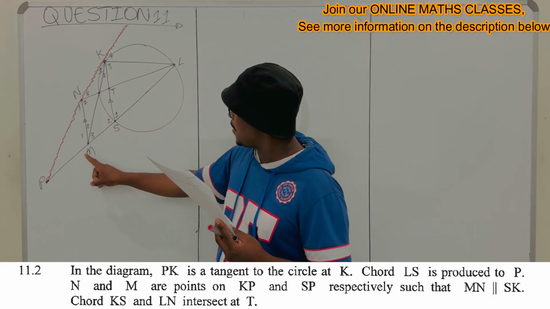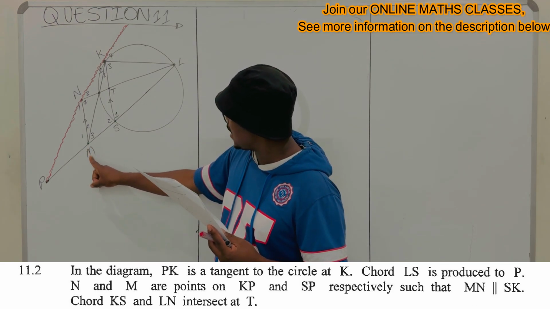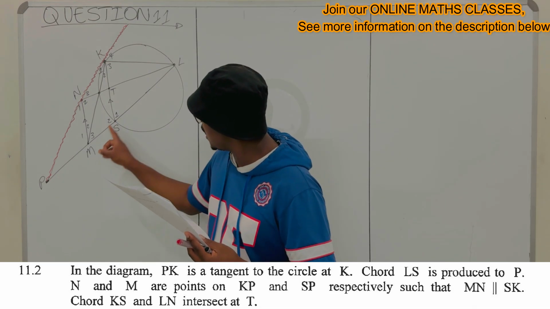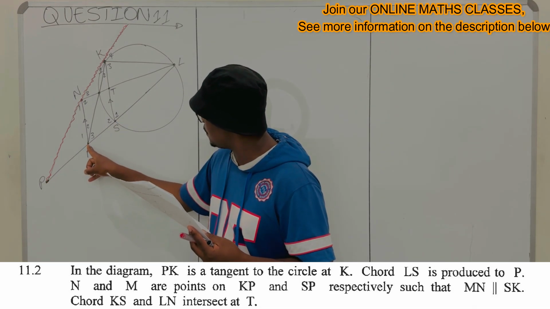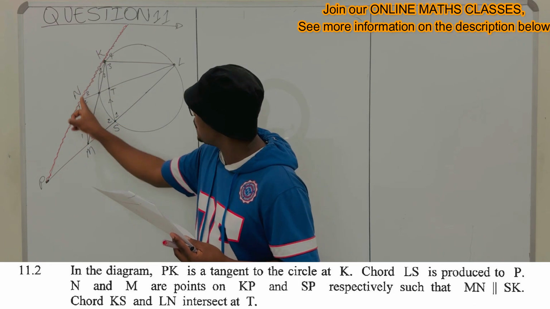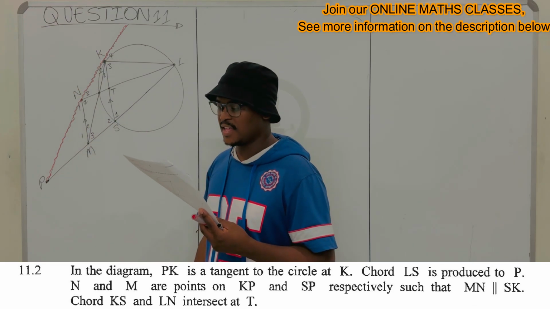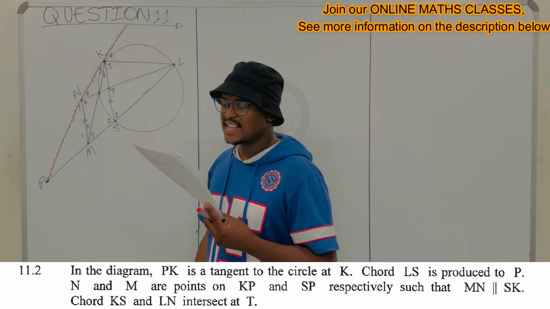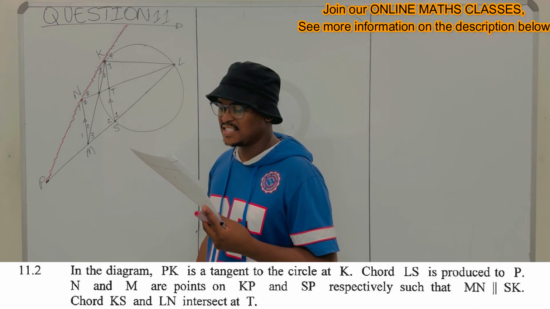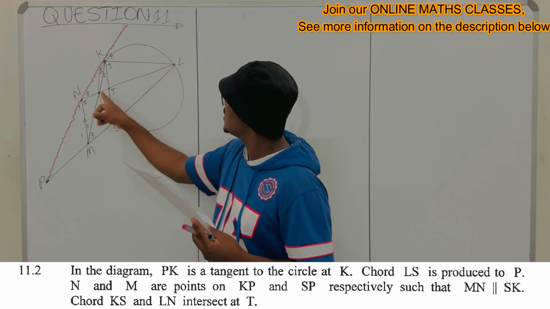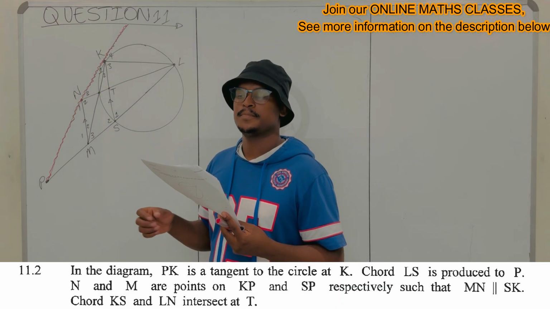So M is on SP over here. Here's M. And N is on PK, such that MN is parallel to SK. They went on to say that chords KS and LN intersect at T. So the chord KS and the chord LN intersect at point T over there.